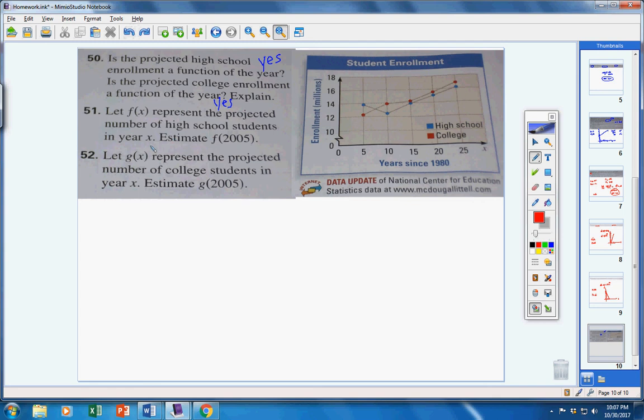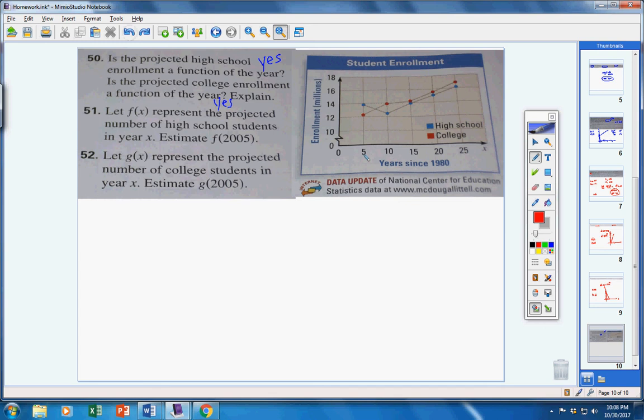Your x. Okay? So what they're saying is estimate the number of high school students for 2005. High school, that's blue, 2005. So here we go. Notice this is years since 1980. Got it? Years since 1980. So 0's 1980.